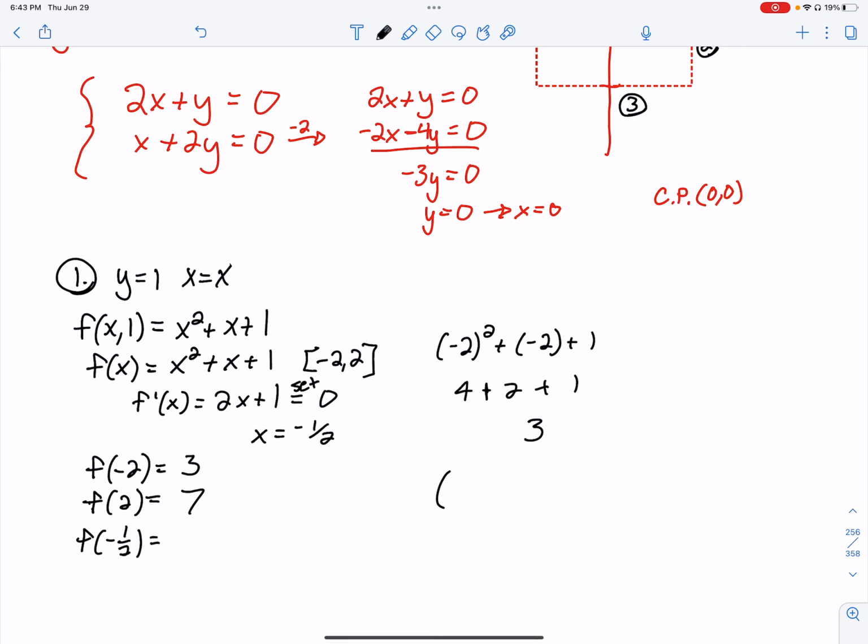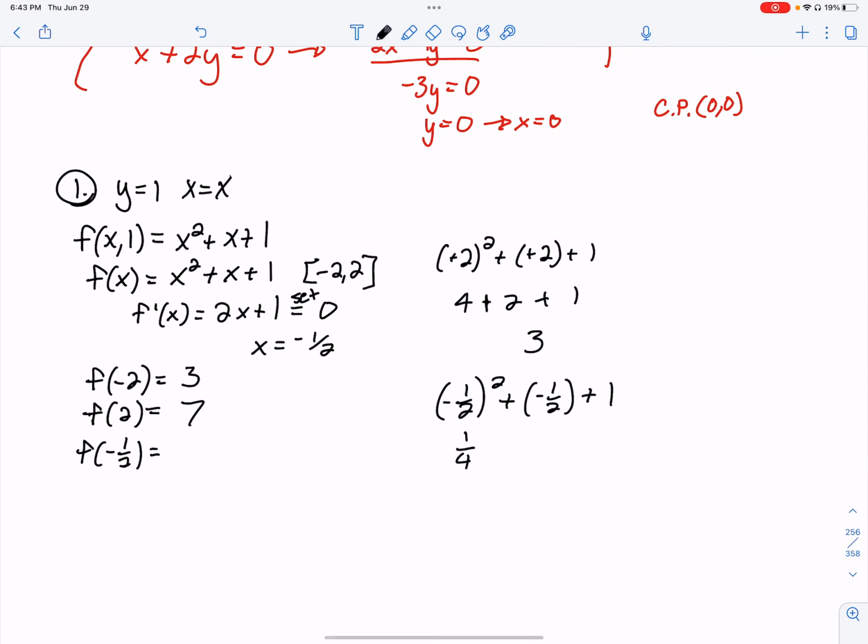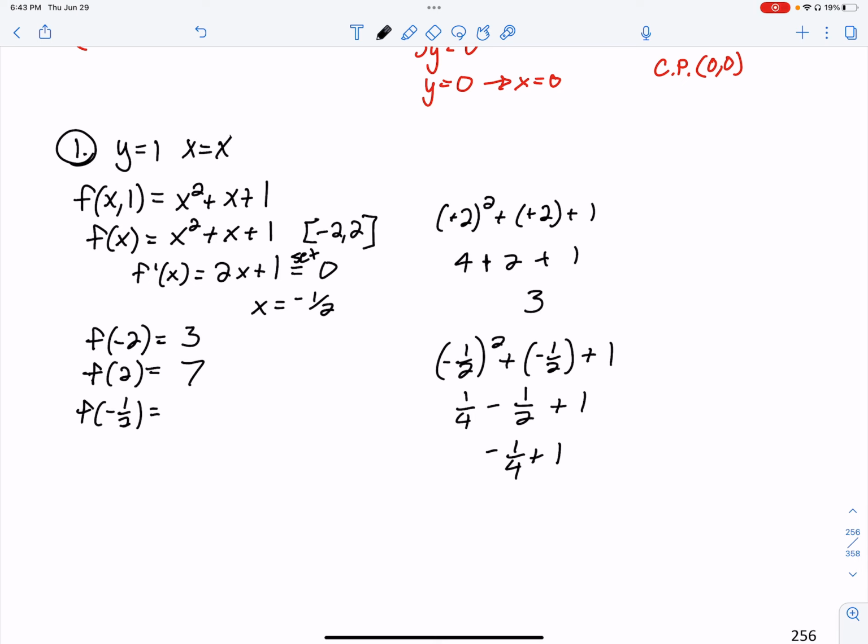And then now I've got to think about -1/2: -1/2 squared plus -1/2 plus 1. All right, we get 1/4 minus 1/2 plus 1, and then -1/4 plus 1, and that's going to give me +3/4.